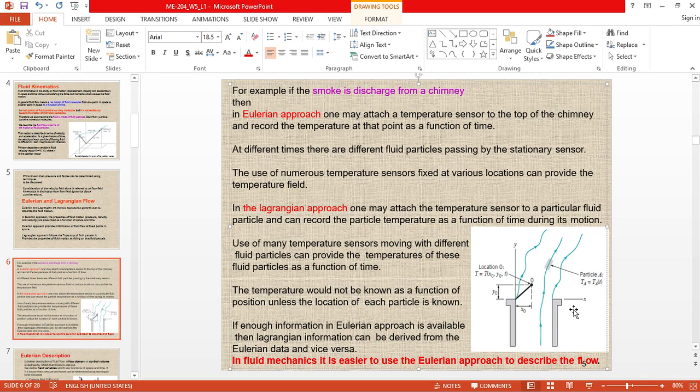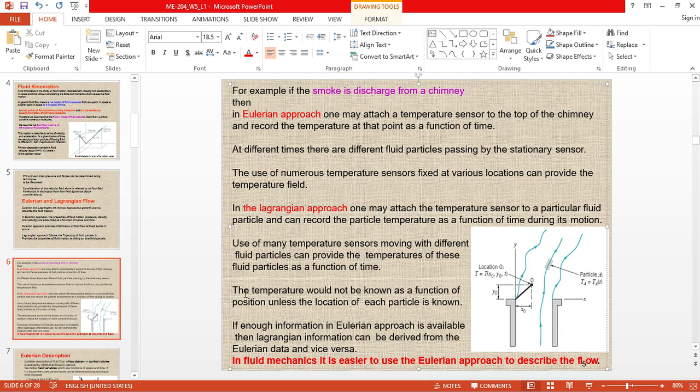Notice that the smoke has millions and trillions of molecules. So how many fluid particles would you track, and how many sensors would you put to take the temperature of each fluid particle? The use of many temperature sensors moving with different fluid particles can provide the temperature of these fluid particles as a function of time.